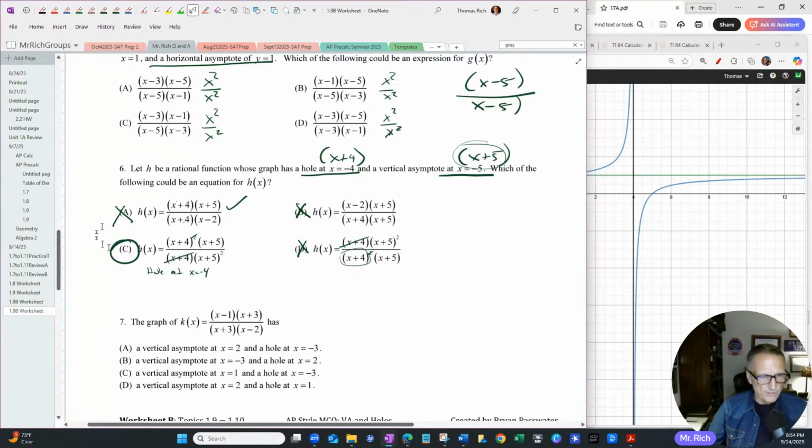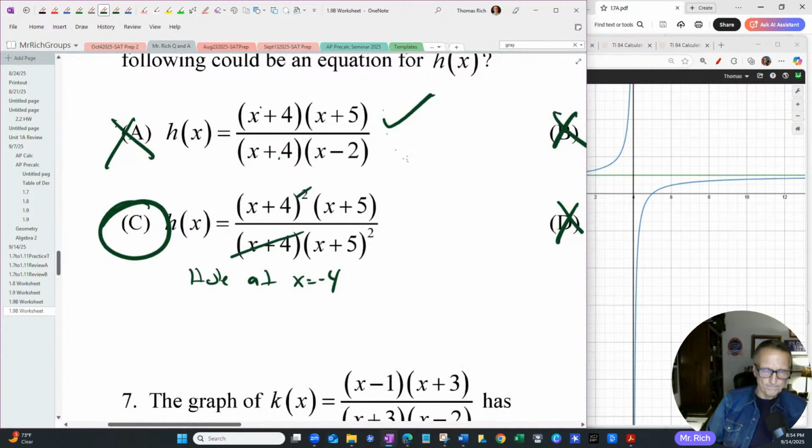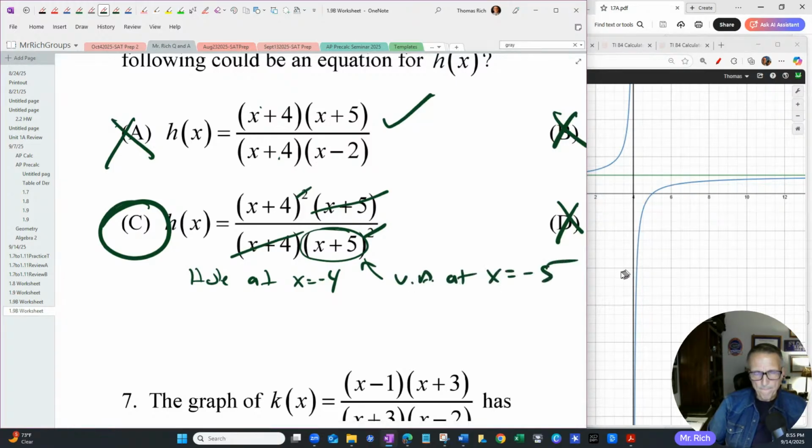Now, I do want to remind you something about there being a hole at x equals -4 right here. Notice that this x plus 5 cancels one of those. So there does remain an x plus 5 in the denominator. So that's why I do have a vertical asymptote at x equals -5. But when we find holes, sometimes we need to find the y coordinate of the hole.